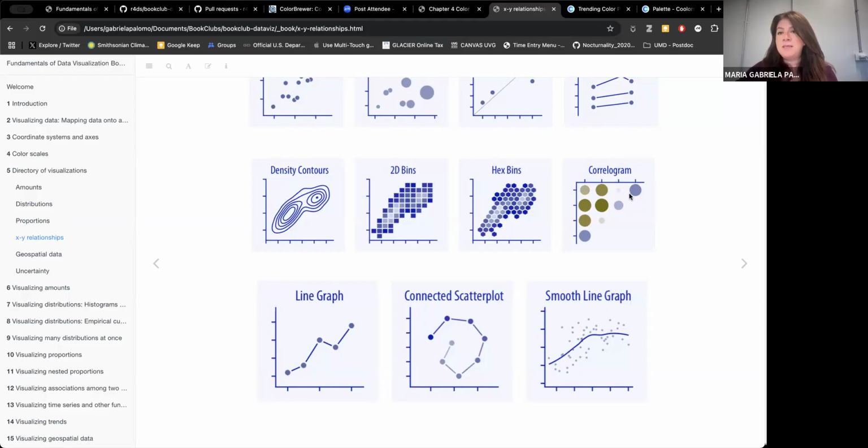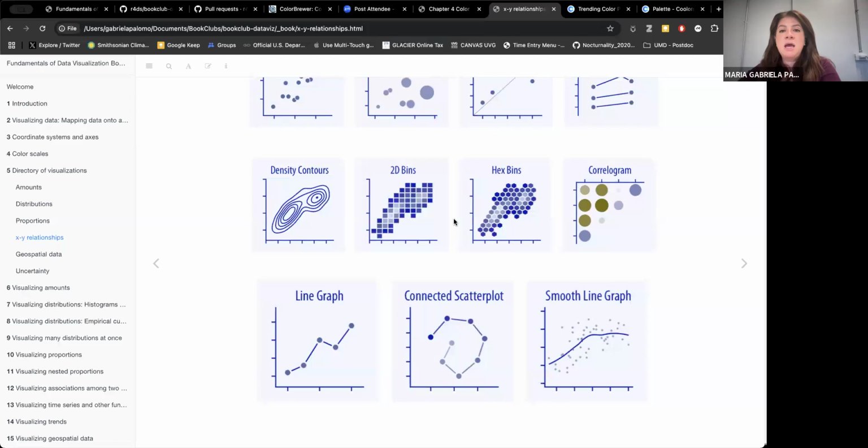And as it gets darker, let's say if this went from green to blue, it's going closer to 1. Or as it gets lighter, going to yellow, for example, it's going to negative values. It depends if you want to do it from 0 to 1 or from -1 to 1. That's how I've seen the correlogram used.